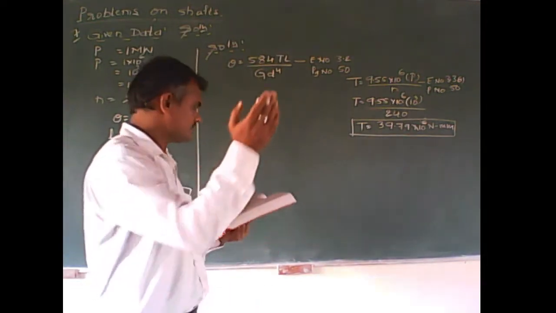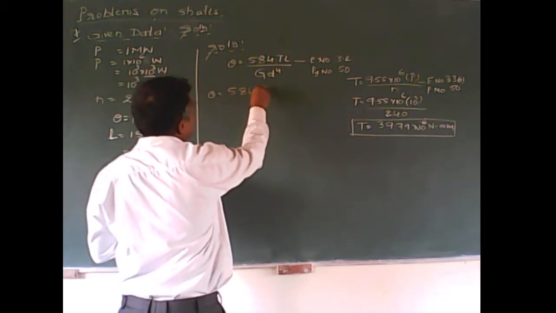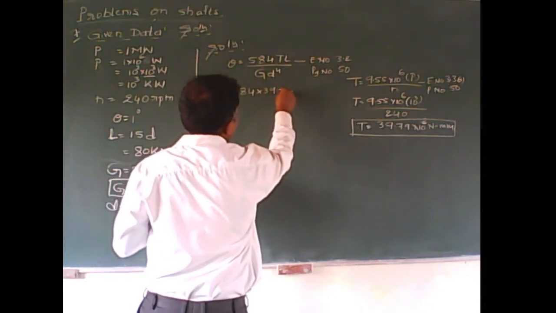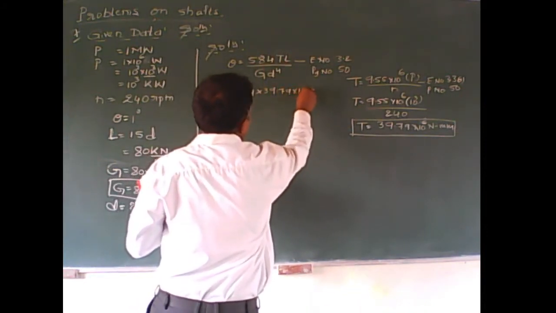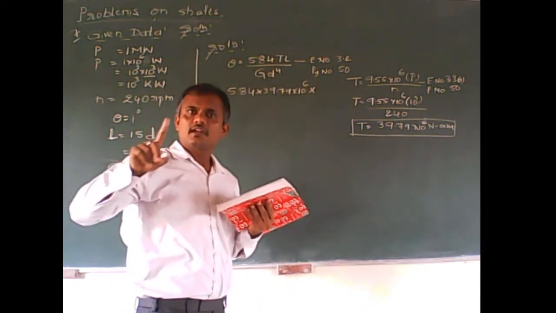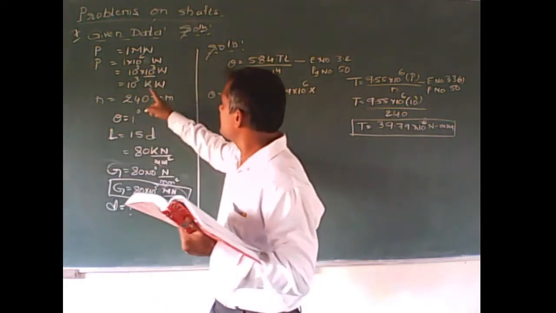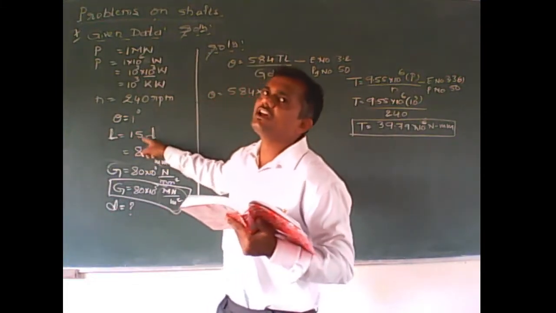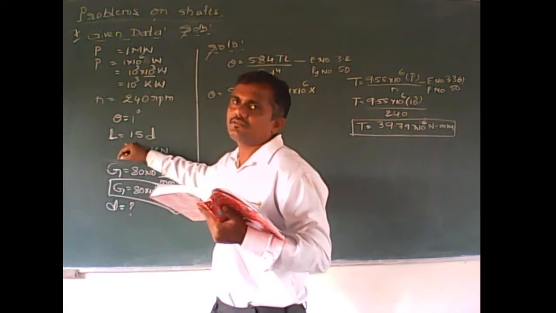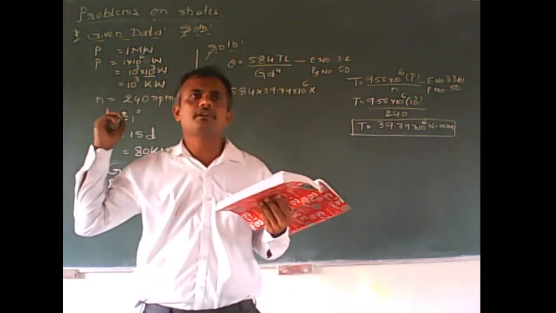So straight away you can substitute directly here, theta is 584 into T. Instead of T, what can I write? 39.79 into 10 raised to 6. Here the L value is given in terms of 15 diameters. As I said, suppose D is 5, definitely 15 times greater than D, then 75 will be the length.